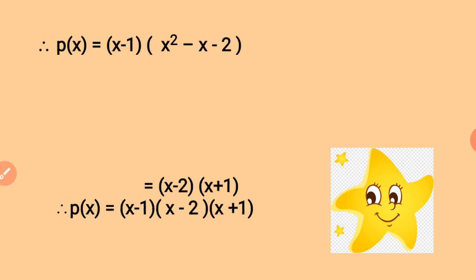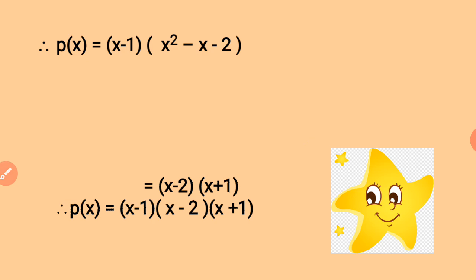The first part, this one was our divisor and this part was our quotient. So divisor multiplied by quotient when the remainder is 0 gives you the dividend. The same method is being used here. So we'll proceed further.